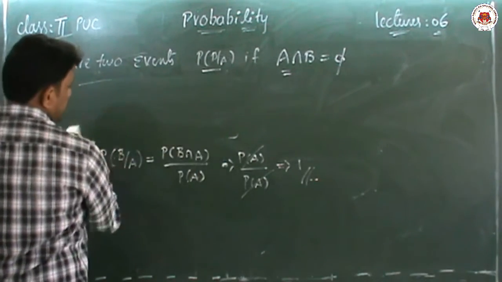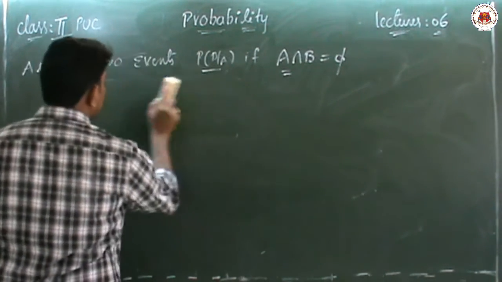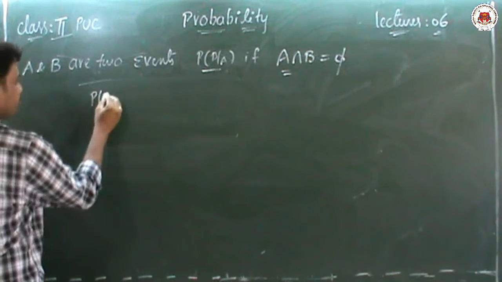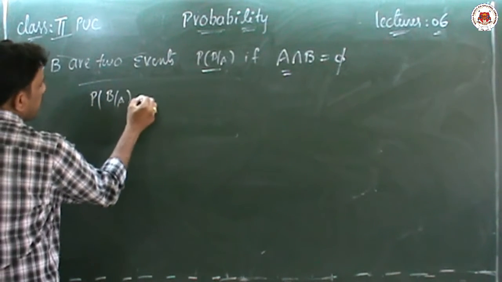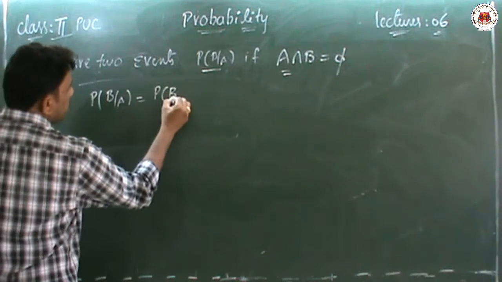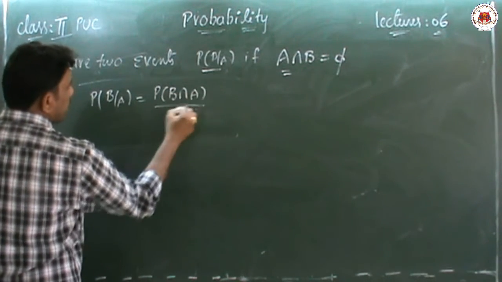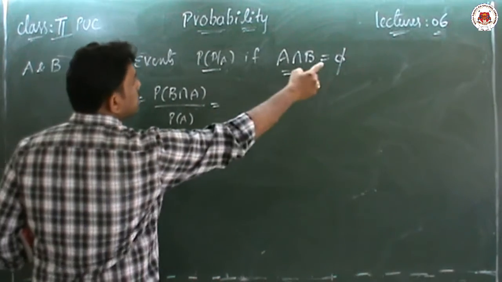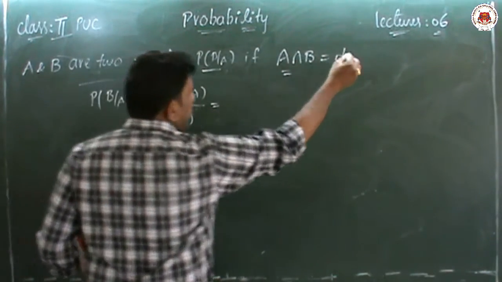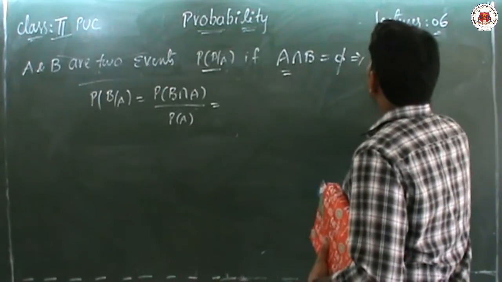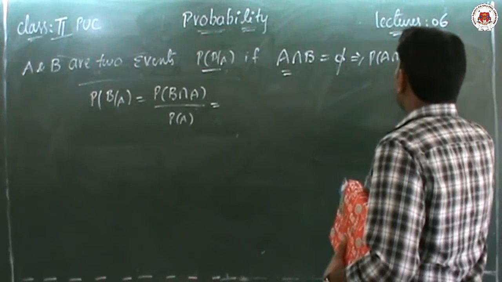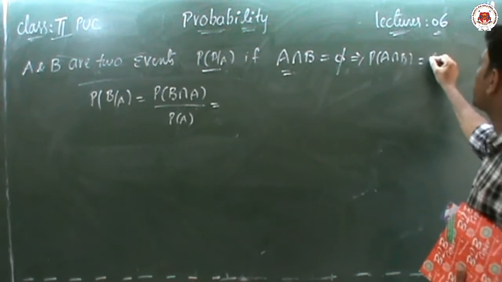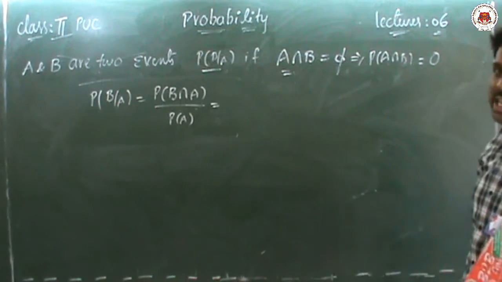So how do we find this? We have the same formula. P of B by A equals P of B intersection A by P of A. A intersection B is 5, which means P of A intersection B equals 0.